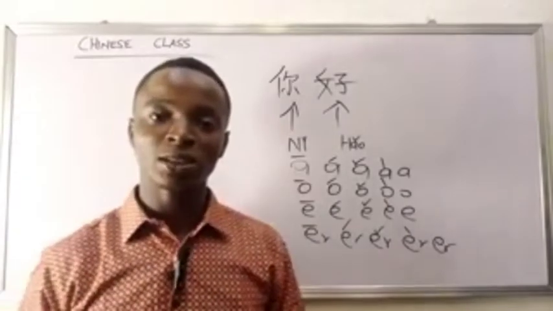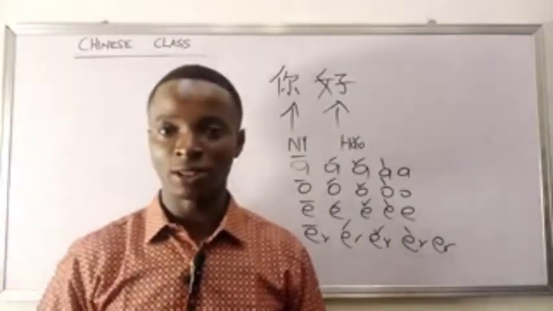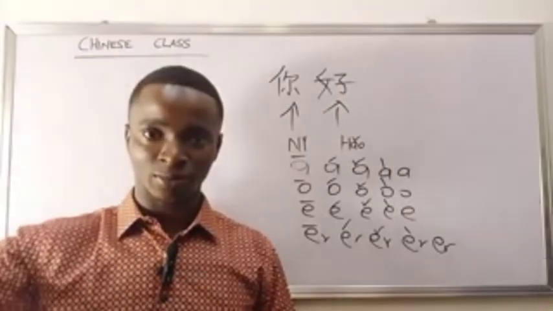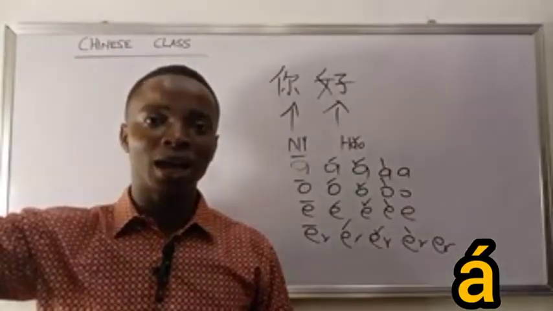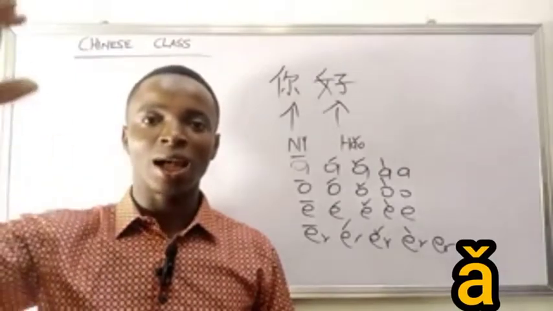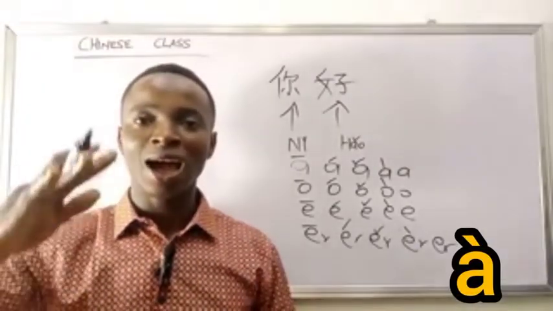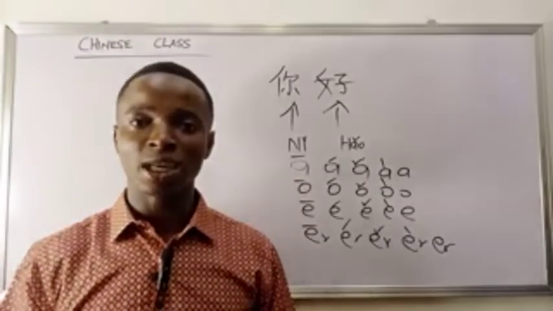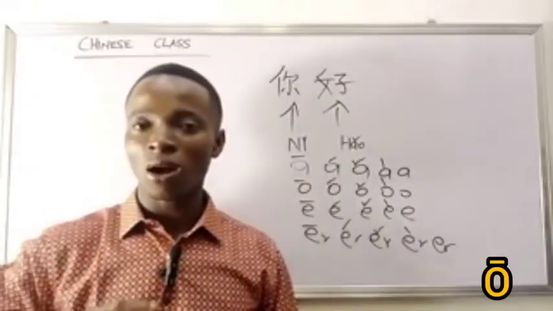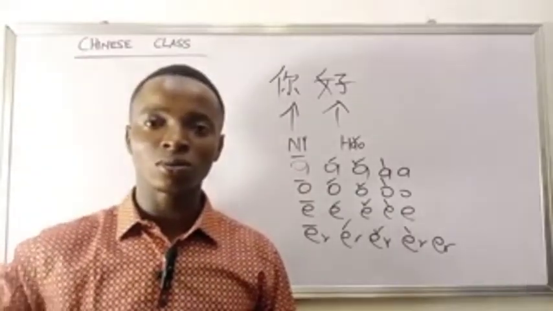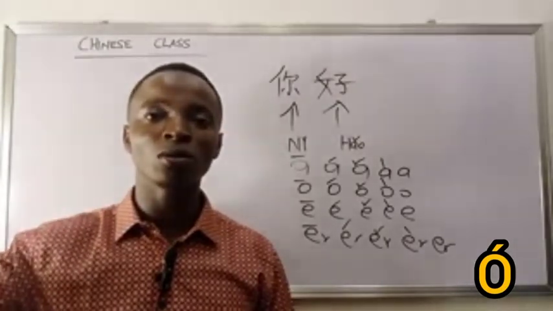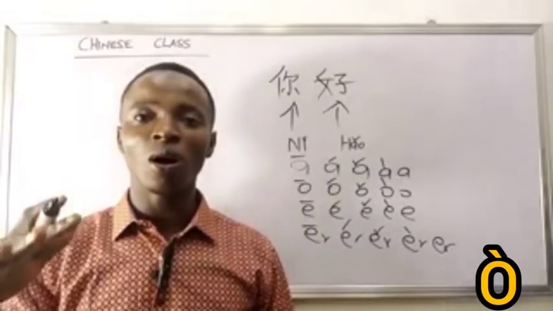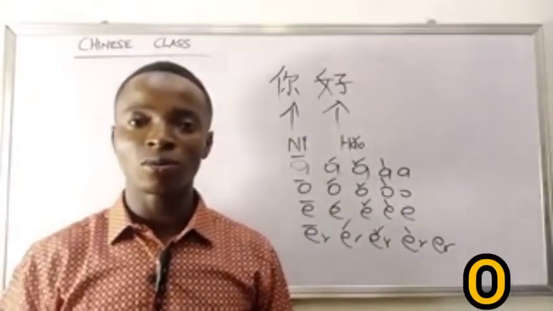So now let's practice the tones. Listen carefully. The first one we have is a, with the four tones and the neutral tone. The next one we have is o, with the tones.